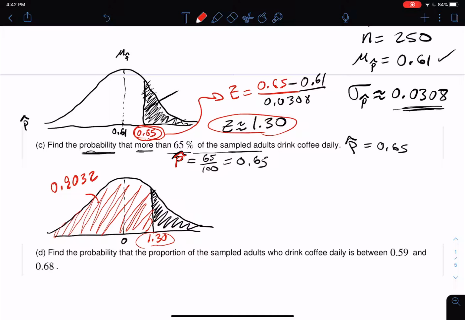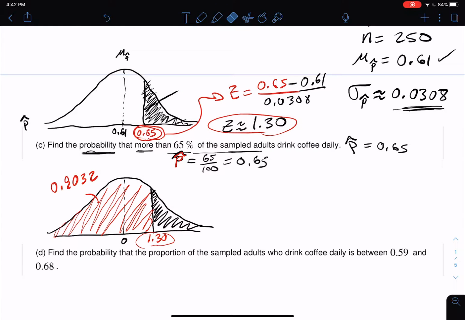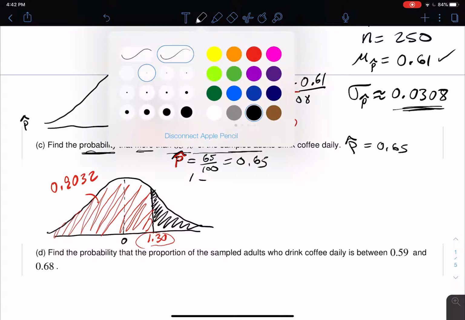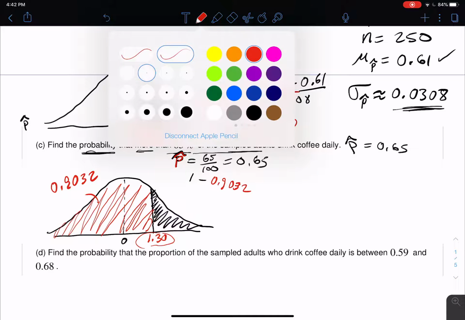Of course, to get this stuff in black, I've got to subtract it out. And we've done that a bunch of times. So I take 1 minus 0.9032, this red stuff, which is actually the area under the curve to the left of that.